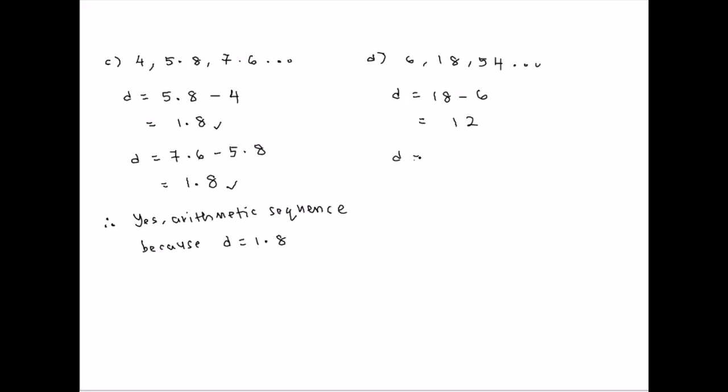Okay, let's try to find the second one. 54 minus 18, which equals 36. So D1 and D2 give us different answers. So our conclusion is it is not an arithmetic sequence.